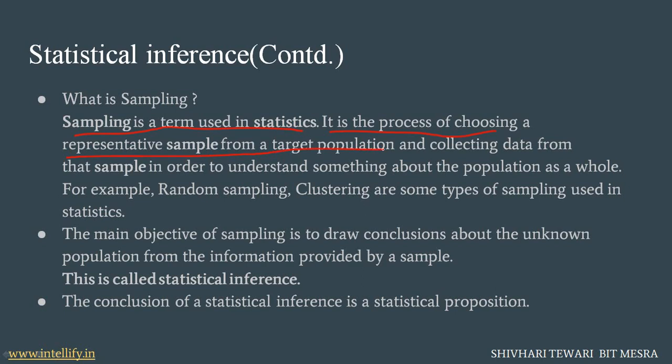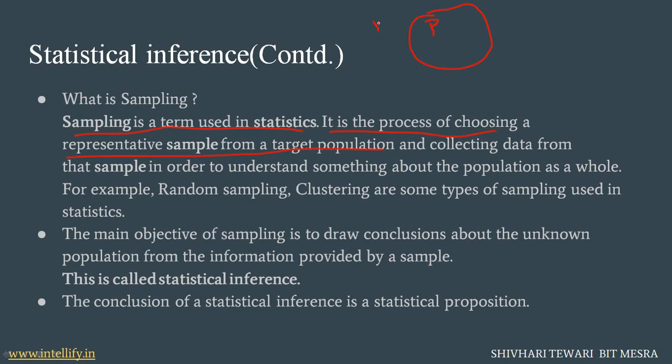Now, what is the target population? Like I said earlier, the target population is the whole data which the hospital administrator has collected to predict something, to give a hypothesis about something. This is the data of all the patients in the hospital.